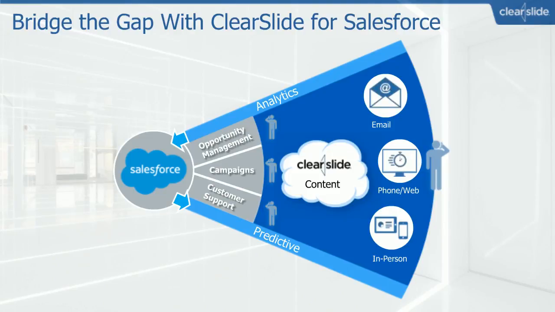But clearly, as companies are going after selling digitally, you probably have a variety of digital content types used by the salespeople. So what ClearSlide does is organize that to make it super simple for sales reps to communicate using that content through three communication channels: email, over the phone and web, and then in person through mobile applications.